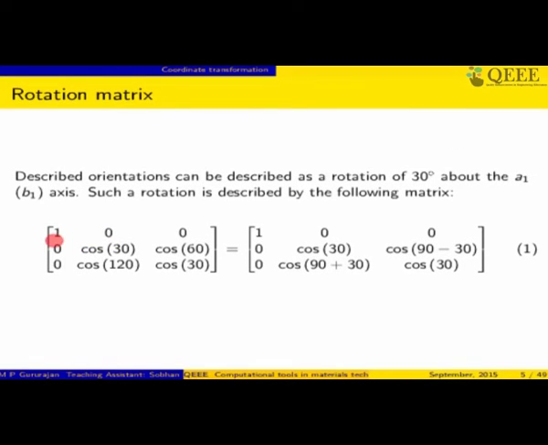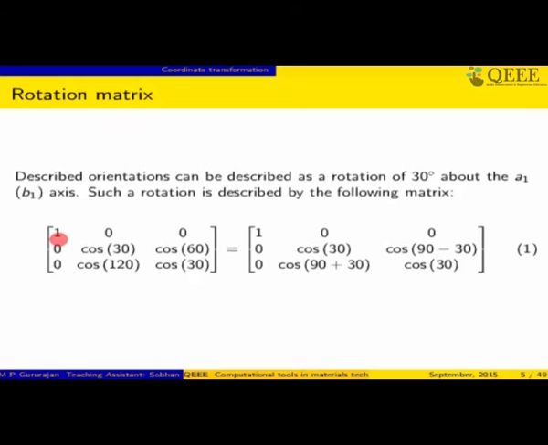If you have observed, the rotation matrix is nothing but the matrix made up of the direction cosines of Ai with Bi. In other words, I'm going to show you the structure of this rotation matrix.